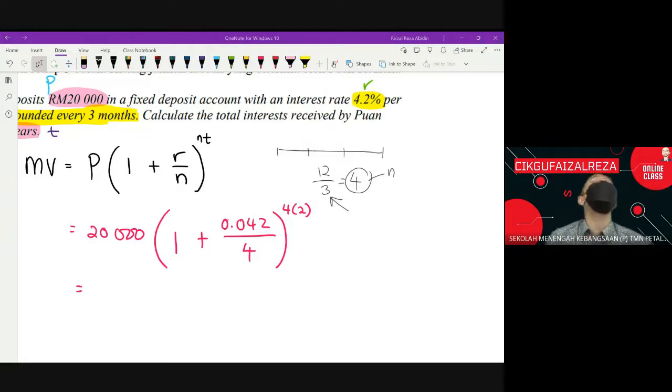Supposedly, you are going to put it like this in the bracket first: 1 plus 0.042 over 4. So you are going to get 1.0105. You see that? One by one. Don't straight away put 20,000 on the bracket or power of, you are going to get it wrong.